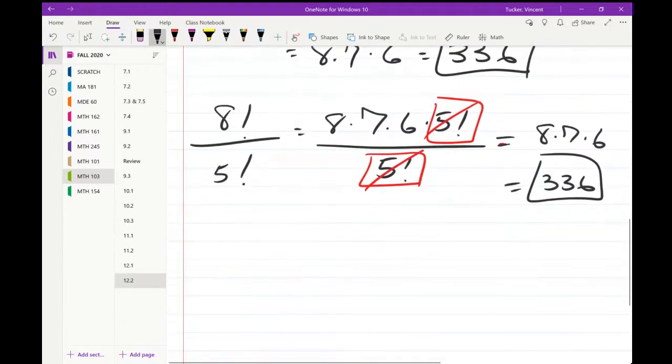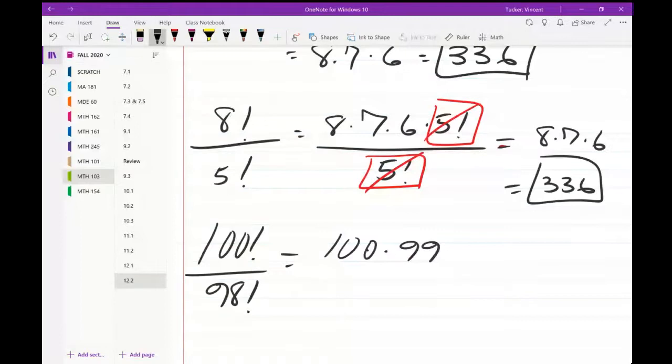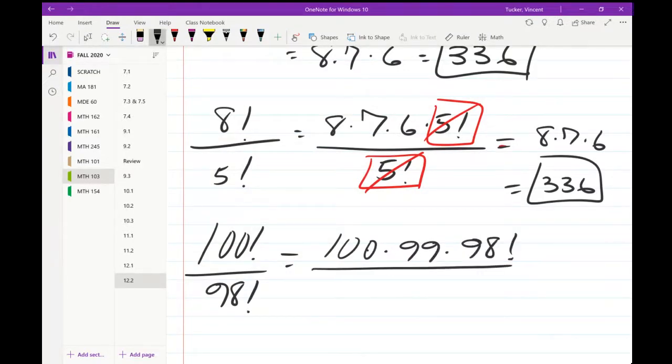All right. So if I had, like I mentioned, 100 factorial over 98 factorial, that would be 100 times 99 times 98 factorial over the 98 factorial. That cluster of products cancels.